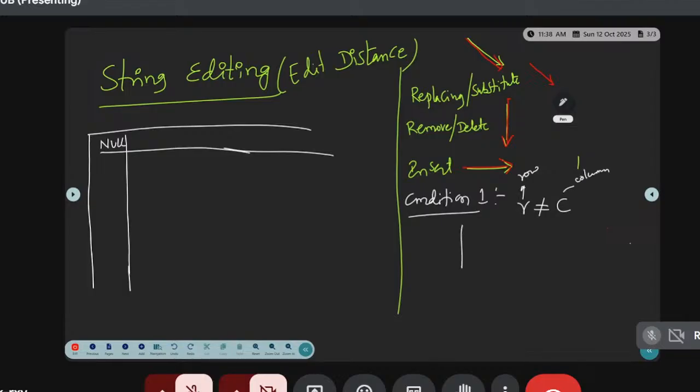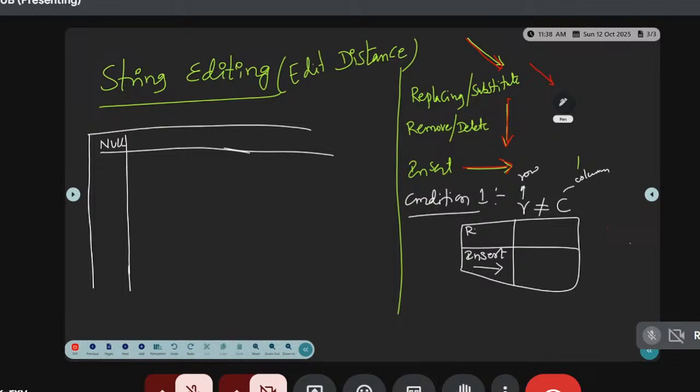Then the condition is: insert, this arrow.